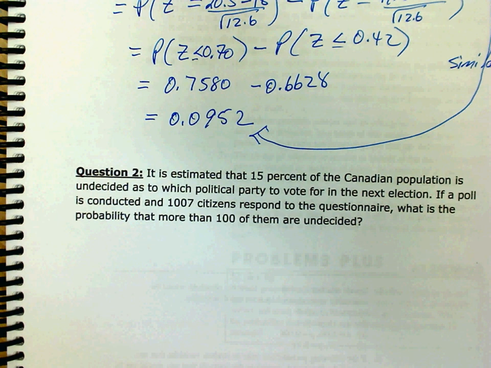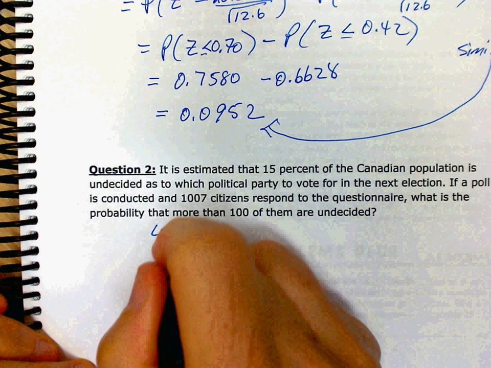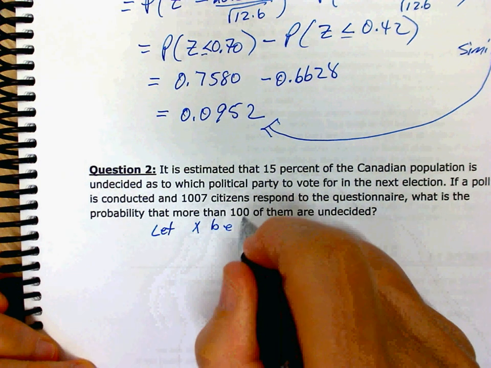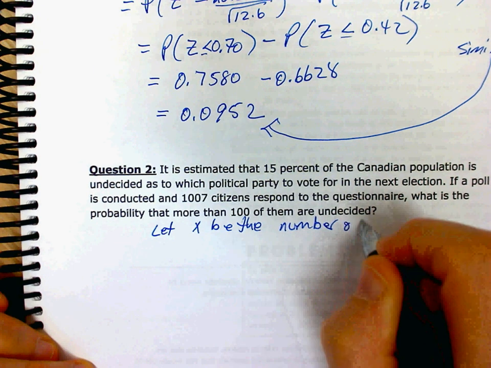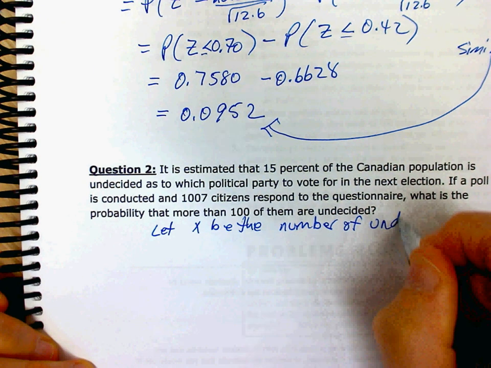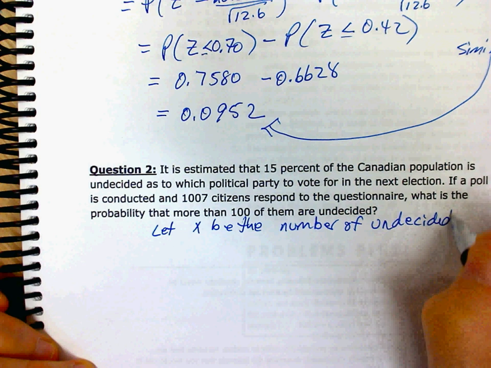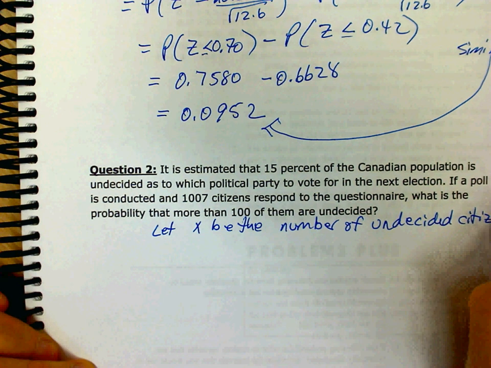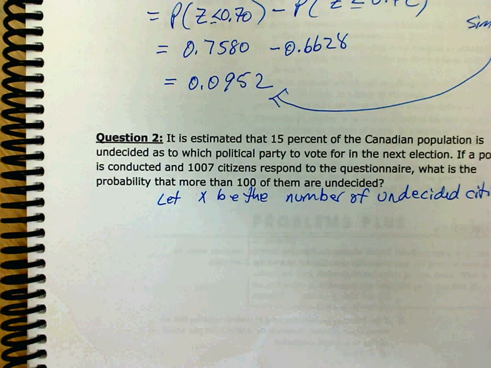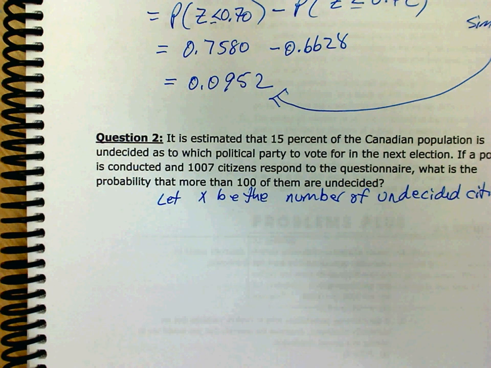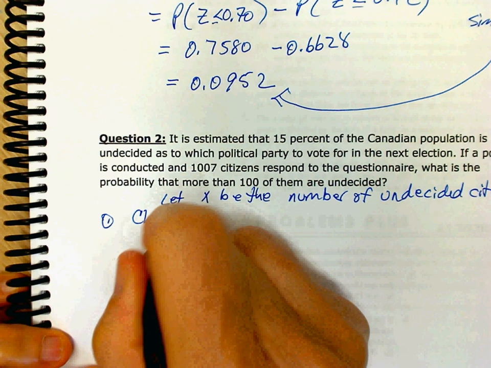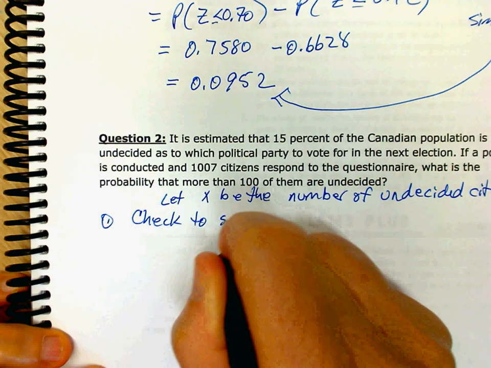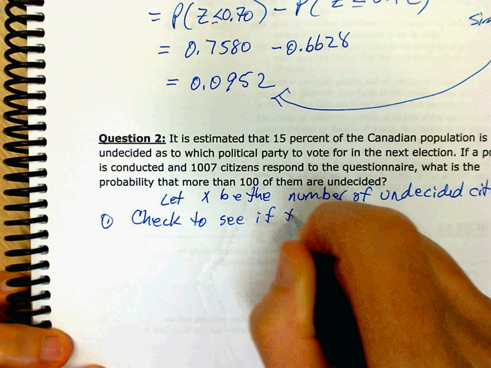Let x be the number of undecided citizens. Okay, good. What's our next step? Check to see if the normal approximation is appropriate.